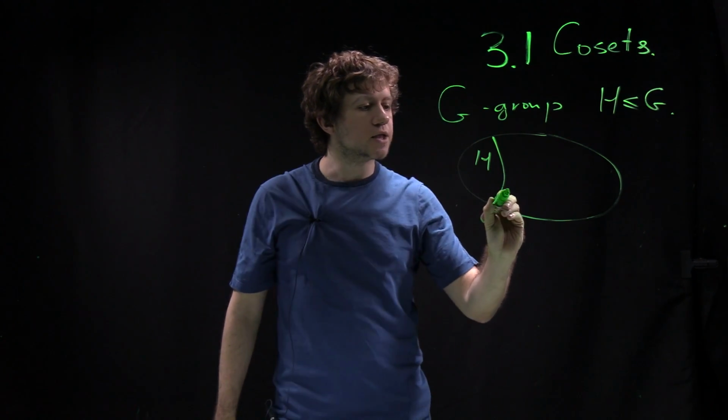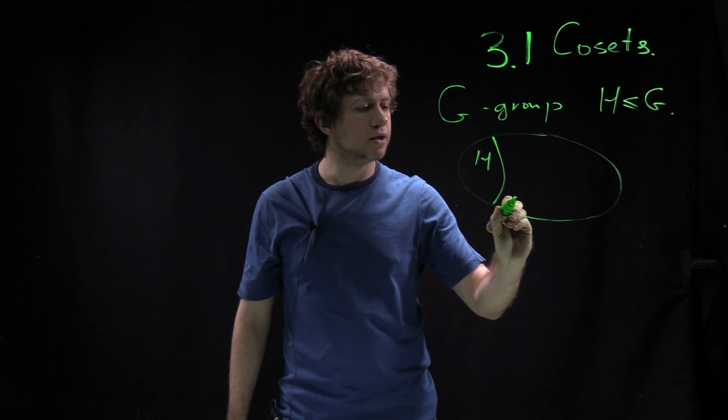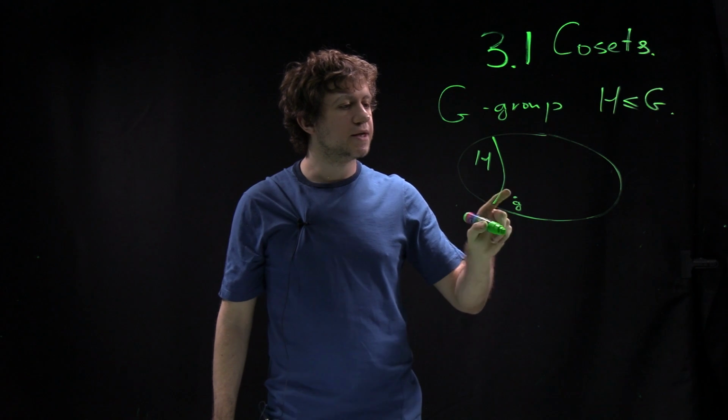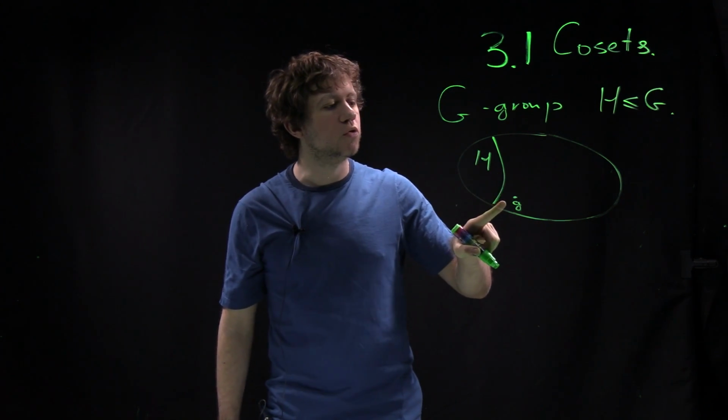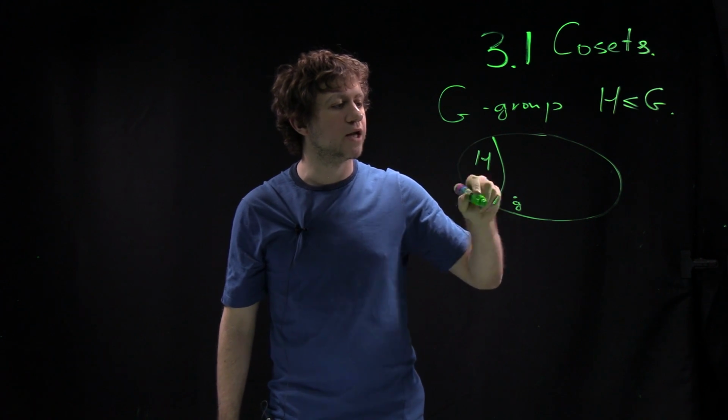The idea is that we can take some element here, let me denote it by g, and then we can use elements in H to shift it around. We can multiply it on all elements in H.